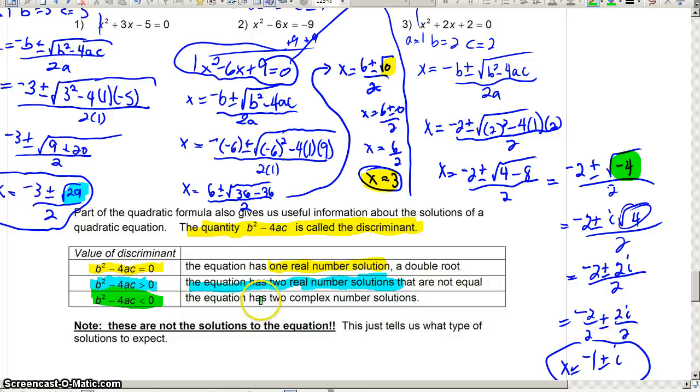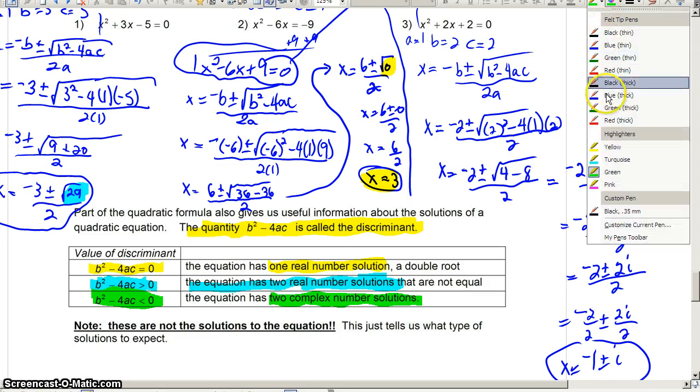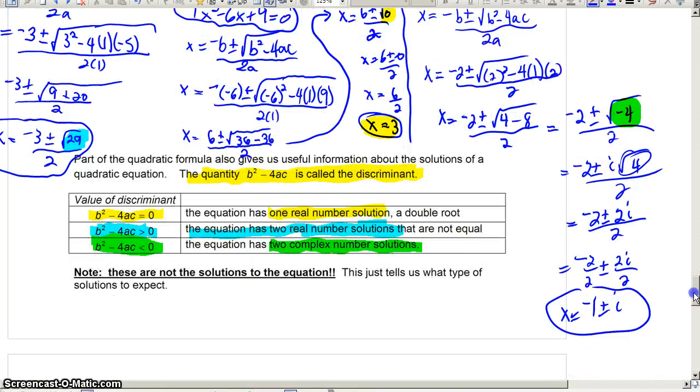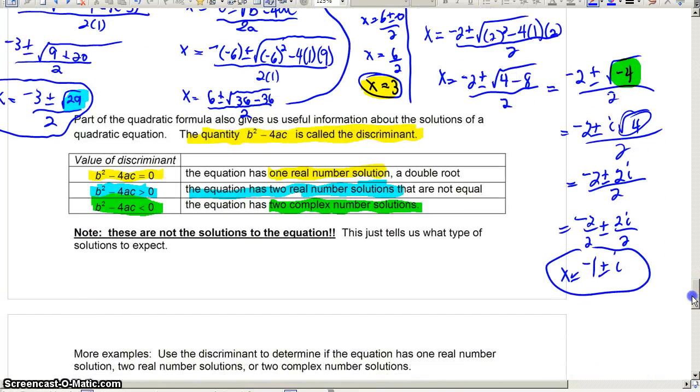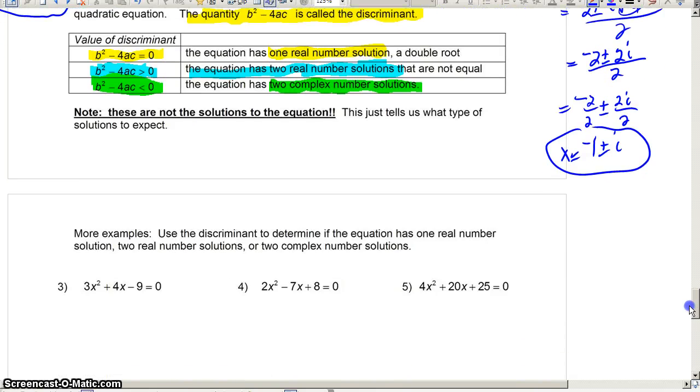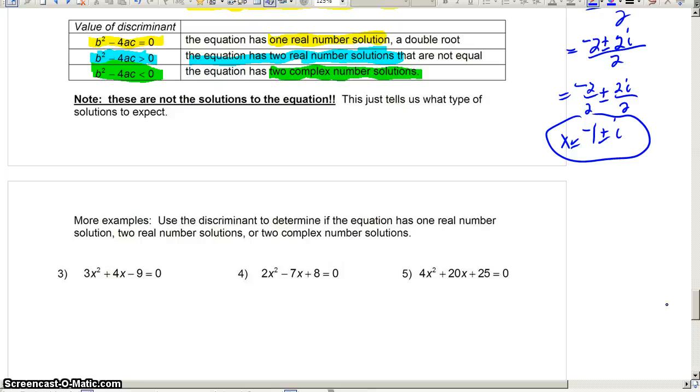So that would be 2 complex number solutions. So again, just to recap, if your discriminant is 0, you'll get 1 real number solution, 1 real answer. If your discriminant is positive, you will get 2 reals. If it's negative, you'll get 2 complex. The discriminant is not going to tell you what the answers are. They just tell you what type and how many.